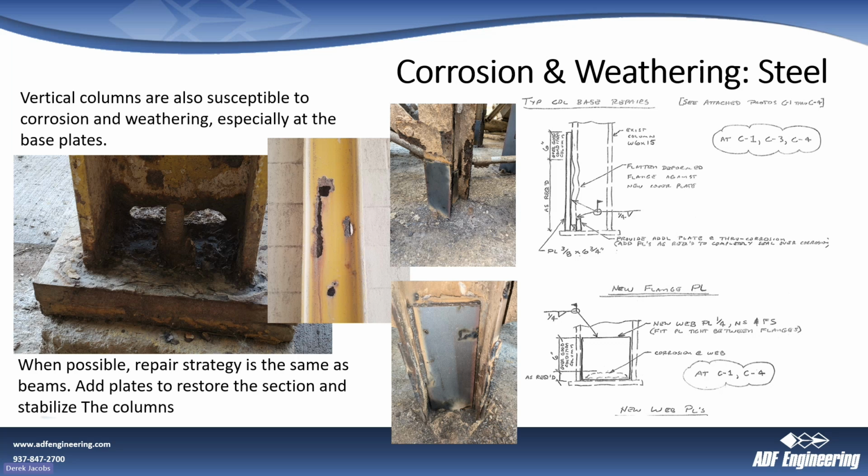Here's a good example of a hole right through the web, completely eaten through. Sometimes it does happen up above. There's a chip in the paint or maybe some other damage that lets the corrosion eat through, and then it just goes from there. Without cleaning, it'll just get worse and worse. Repair methods for these are very similar to those for the beams.